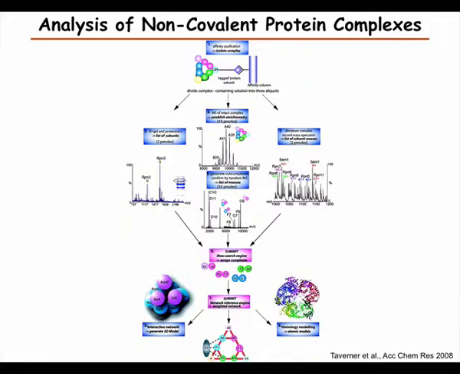So that's why even if we have an ion trap or some kind of trapping device, it's difficult to go back and continuously fragment, because most of the charge stays with the smaller part.